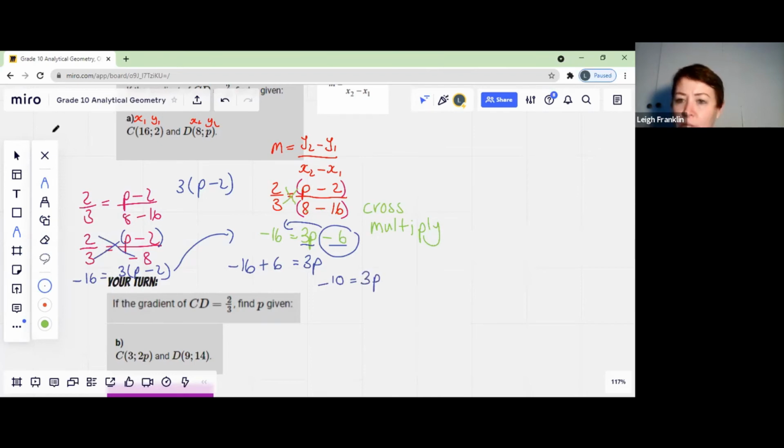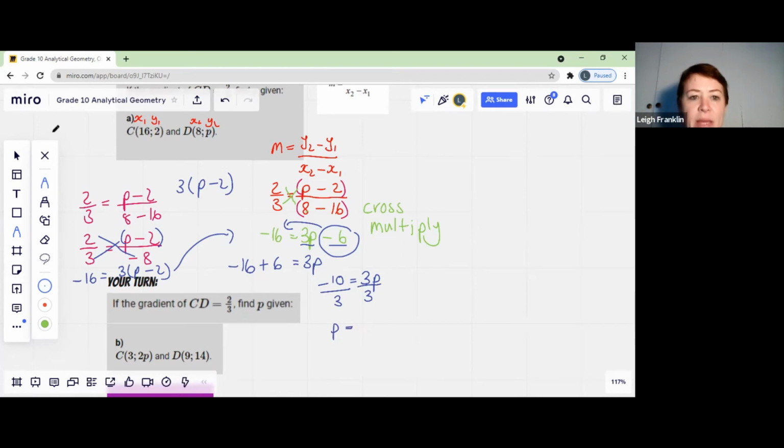And now what am I going to do, grade 10s? I've got to divide both sides by 3. I've got to divide both sides by 3. Okay, so that means that it's a bit of an odd number, but anyway, this can happen. We can have a coordinate like this.